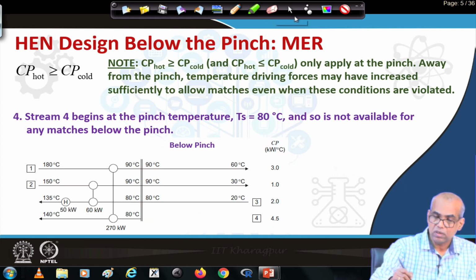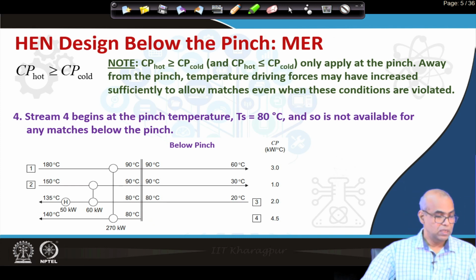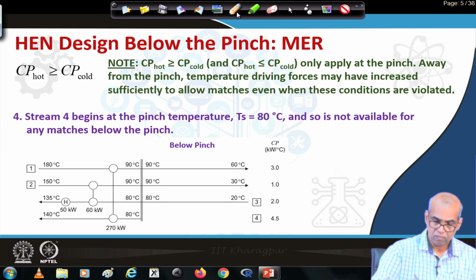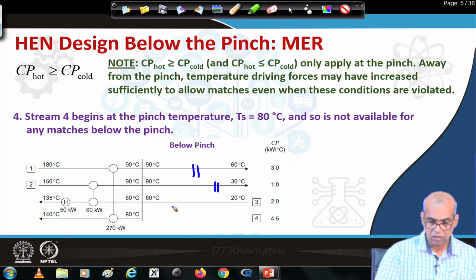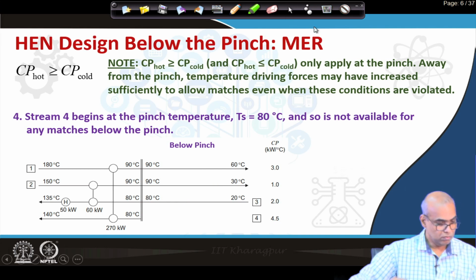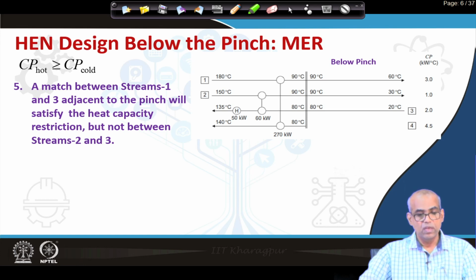So, for all practical purposes, we are left with 3 streams for the region below the pinch, 2 hot streams and 1 cold stream. Now, how do I do the matching? So, let us look at the Cp values.